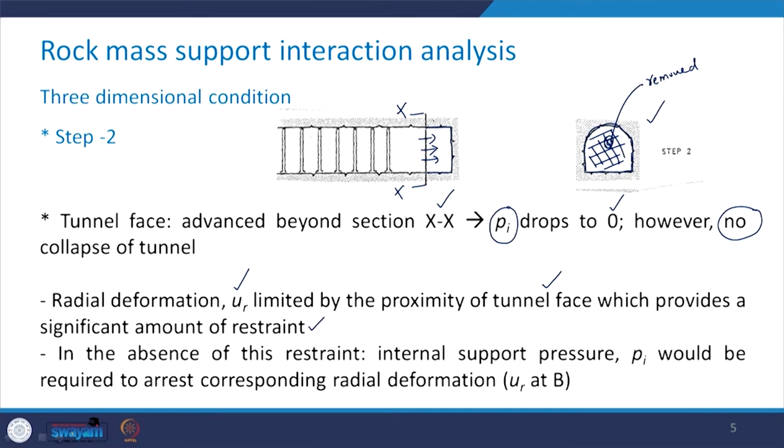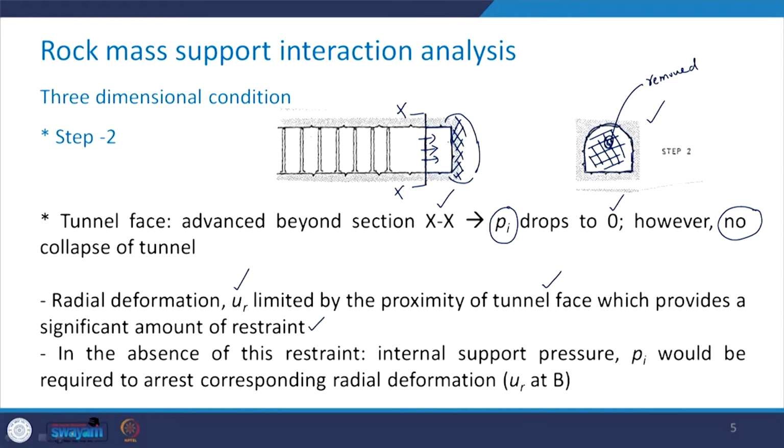See, this section XX is very near to this face of the tunnel, because here you have the rock mass through which the excavation has to take place. So, this rock mass here provides a sufficient amount of restraint and therefore the radial deformation UR is limited in this case.